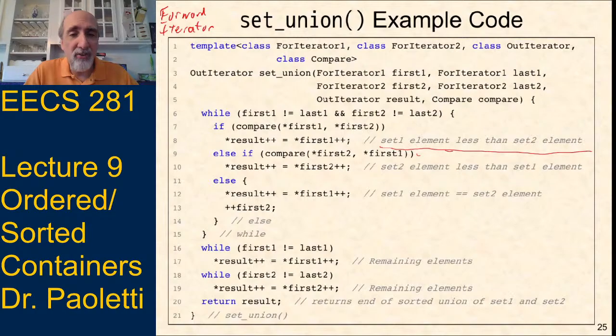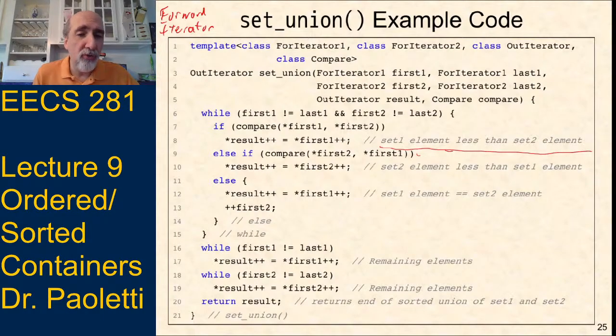So if this compare says true, it means the thing in set 2 is less than the thing in set 1. Therefore, the thing in set 2 should go to the result, and set 2 and the result should get incremented. Else, if it wasn't A less than B and it wasn't B less than A, it must be equality. And so somebody has to get copied to the output, and everybody has to get incremented.